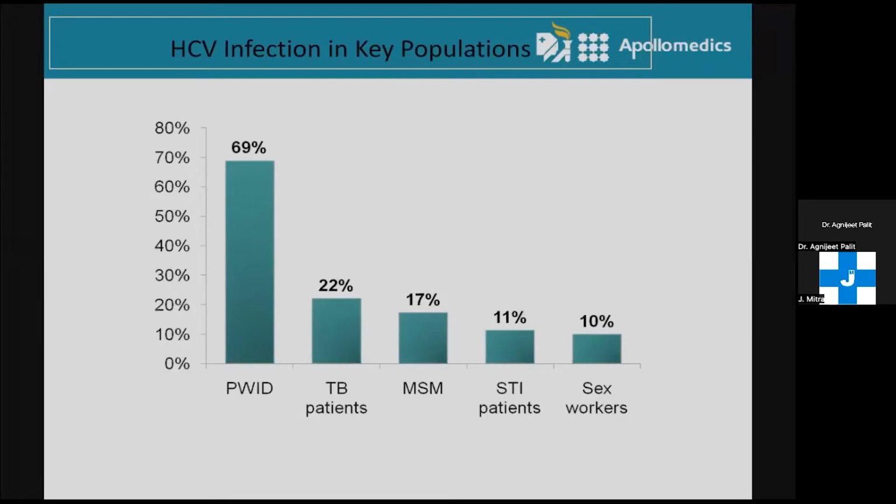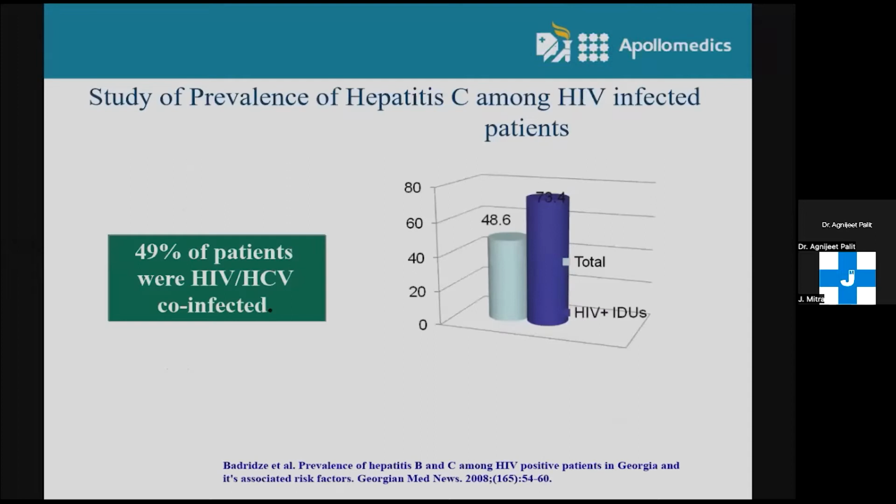There was a study conducted in Georgia to see the prevalence of hepatitis C and HIV co-infection. It was found that 49% of patients were HIV and HCV co-infected. It must be reminded that there is no prophylactic vaccine or specific immunoglobulin against hepatitis C, but there are effective antiviral treatments.